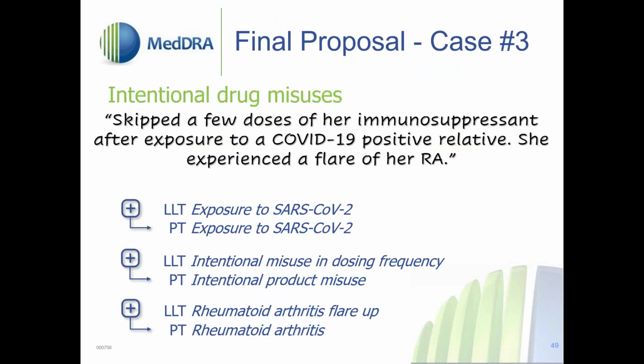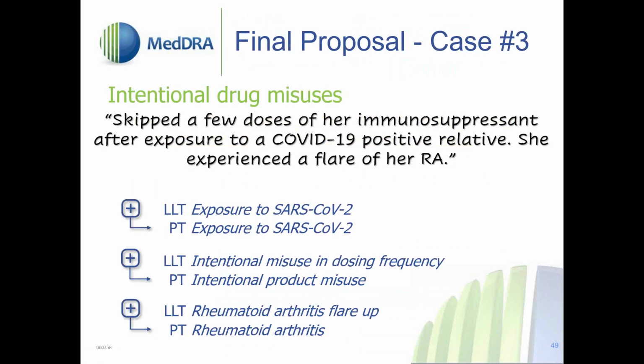Yes, it's always the problem of keeping the balance between reasonable medical considerations and over-interpretation of what has been reported. Here we are told that the patient skipped a few doses, so she made a conscious decision. We know what kind of drug it was, an immunosuppressant, after exposure to a COVID-19 positive relative.